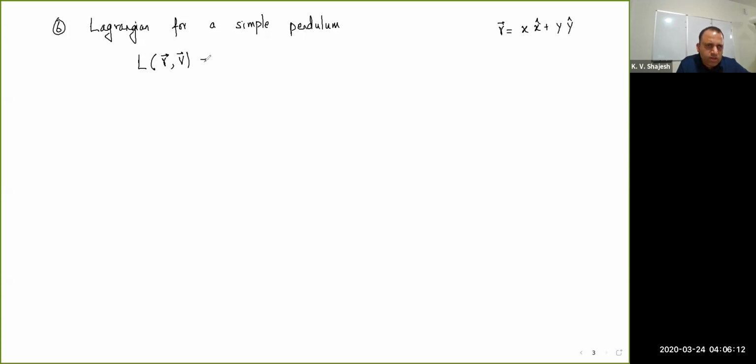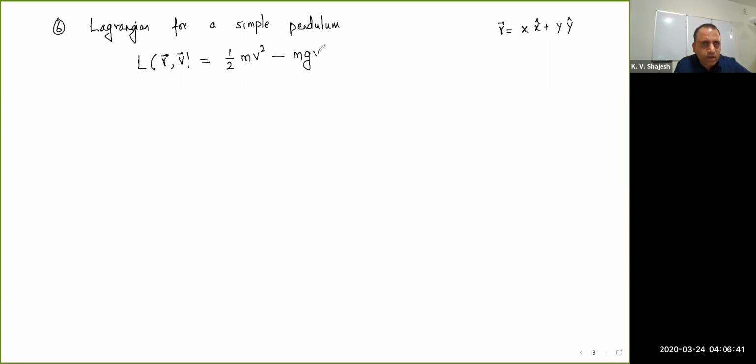So that is equal to half m v squared, the kinetic energy, minus the potential energy, which is mg times the vertical height. The vertical height is downward, so this is minus mgy actually, right?